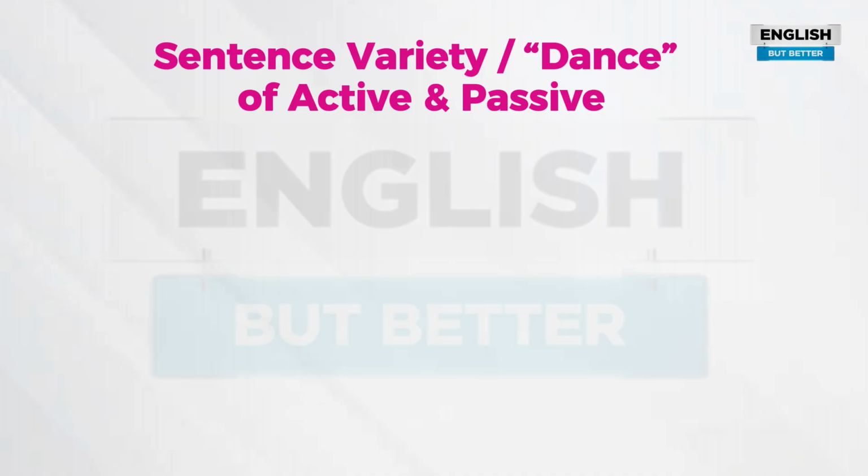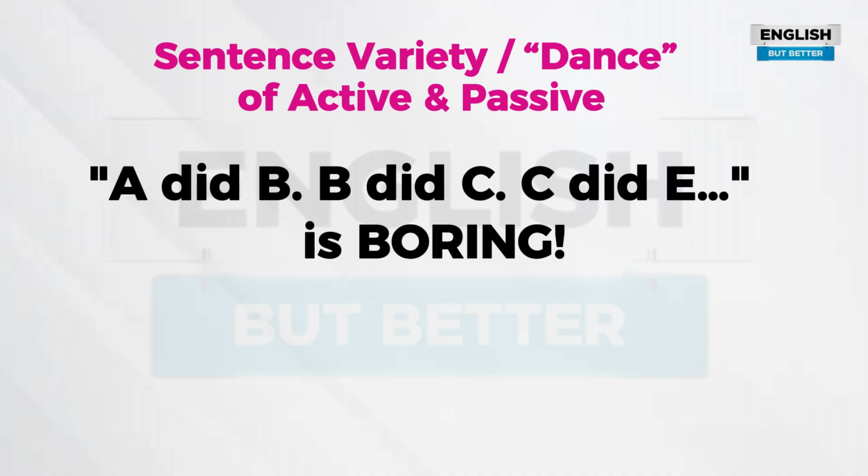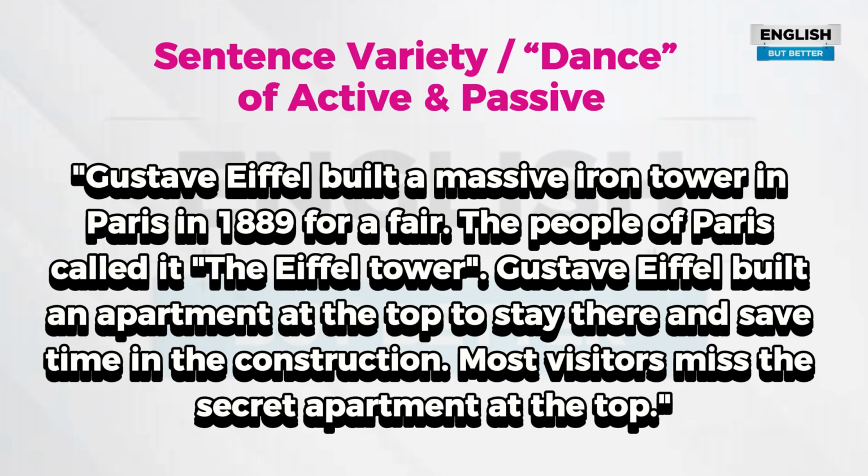Repeating the same subject-verb-object structure like A did B, B did C, C did E, it's boring. Nobody wants to hear it, nobody wants to read it. Believe me. Look at this example. Gustave Eiffel built a massive iron tower in Paris in 1889 for a fair.